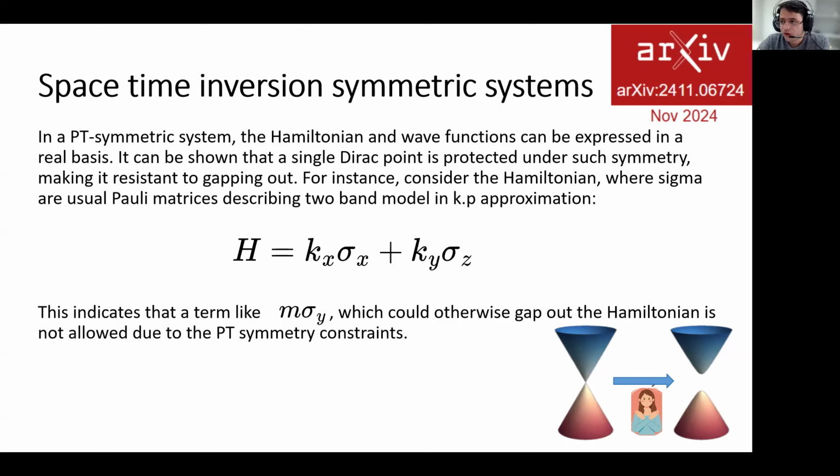If we assume PT symmetry in this system and want to write the Hamiltonian using Pauli matrices, then we cannot use sigma y as it is a complex matrix. So the total Hamiltonian we can write is something like kx sigma x plus ky sigma z, and we can see we cannot gap out this Hamiltonian.